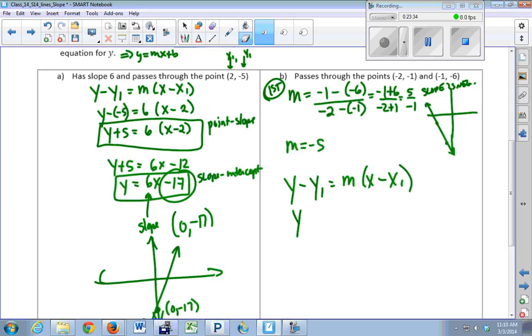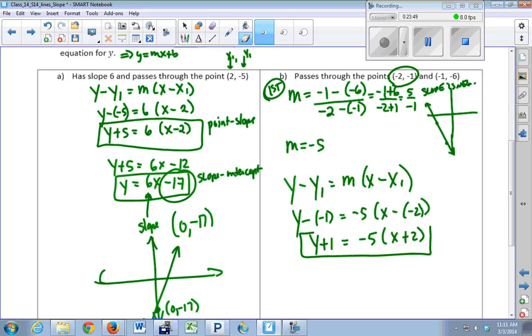So I do y take away a -1, using my first point here, equals -5 times x minus a -2. Y plus 1 equals -5 times x plus 2. Voila, you are done. You just plug in the point and the slope. Now, to solve for y, you have to do a little work.